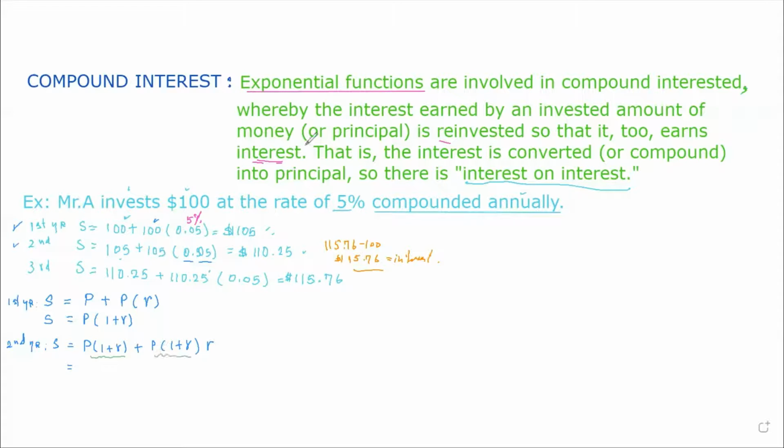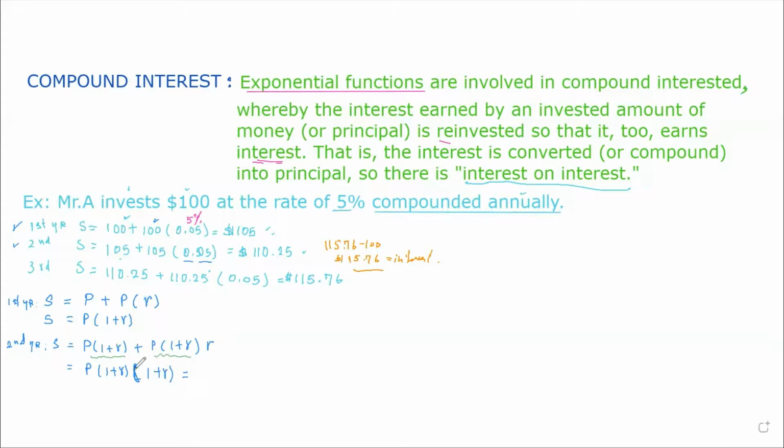So taking P(1 plus R) out, what is left in the big bracket is 1 plus R.